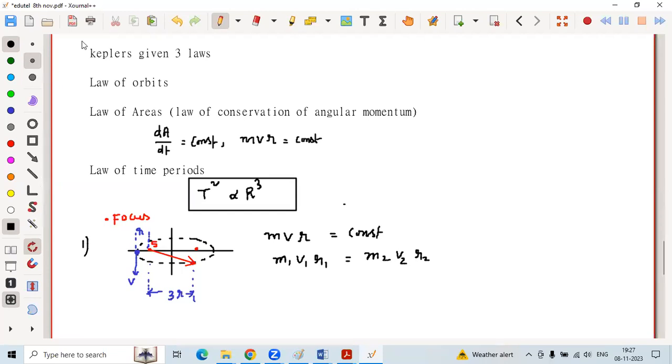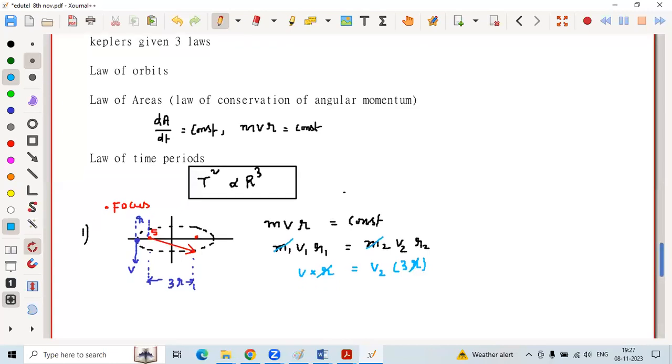The planet. Here m1 and m2 are the same, so they cancel out. Substitute v1 at the first location: v1 is v, r1 is r. At the second location, v2 is what we need, r2 is 3r. Cancelling r and r, the final answer is v2 is equal to v by 3.